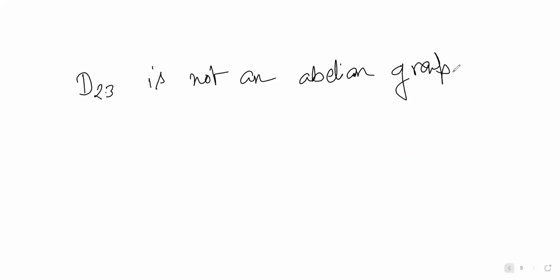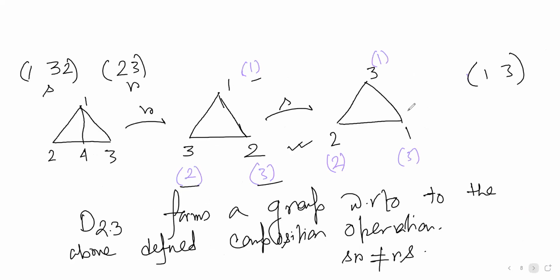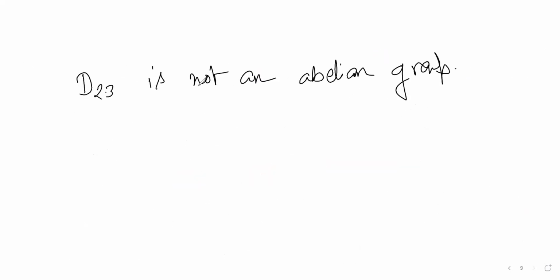What is the cardinality of D23? If we see the collection, then we can count the number of the elements of D23, right? So number of elements here 1, 2, 3, 4, 5, 6. So 6. An order of D23 is 6.